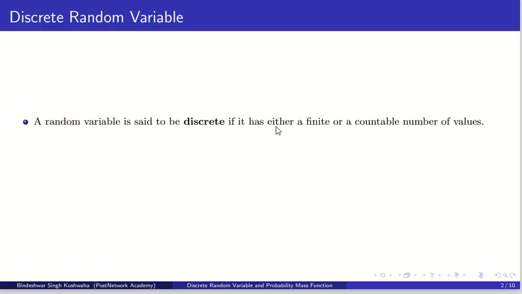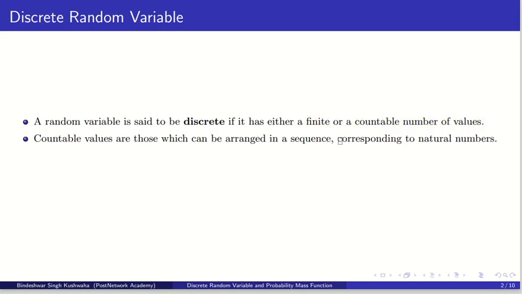A random variable is said to be discrete if it has either a finite or countable number of values. So what does countable mean?